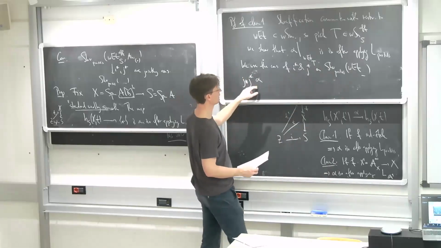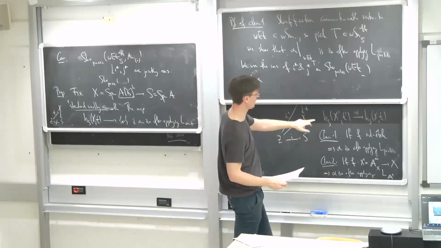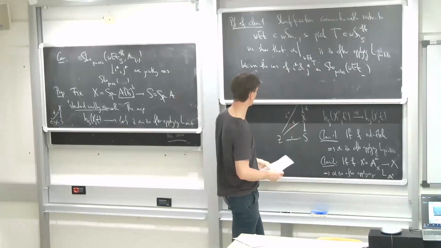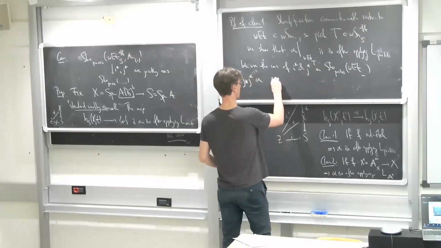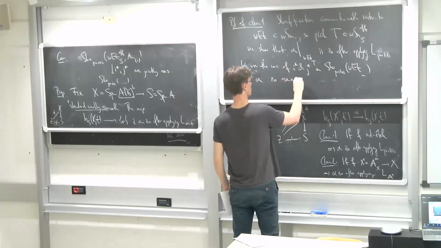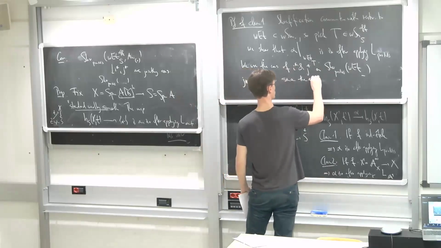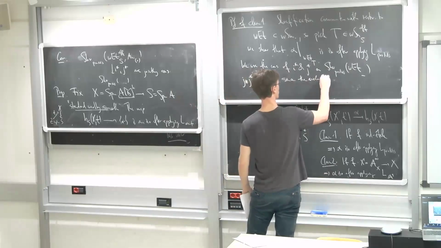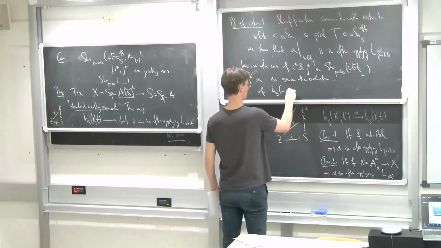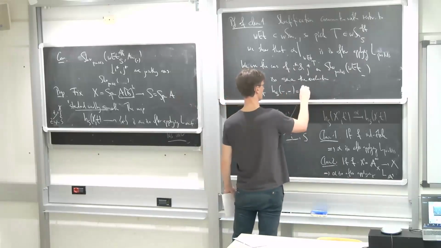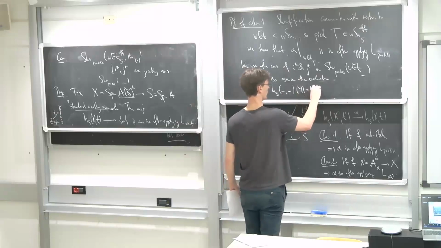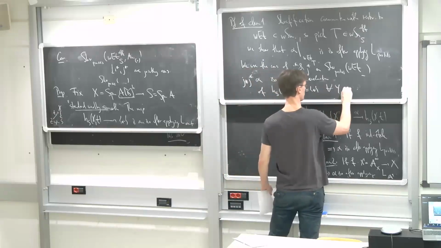So this basically evaluates this map here only on schemes which are entirely living over U. And this is an isomorphism since the evaluation of these is just a point on any Y that lives over U.